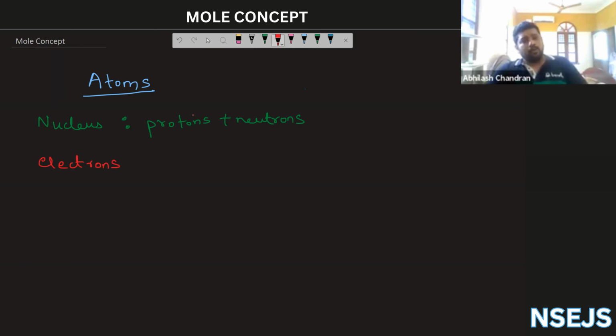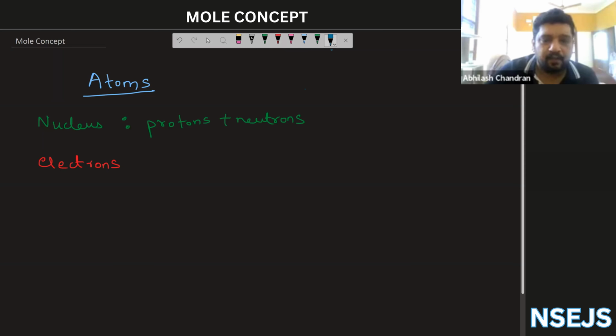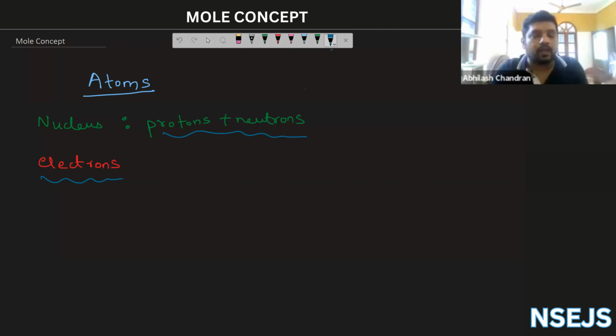These are the things that are there in an atom: protons and neutrons, which make up your nucleus, and electrons around them. Where are they? What are the orbits that Bohr spoke of? What are the orbitals in the quantum wave mechanical model of the atom? All of these things will come later in the atomic structure chapter.